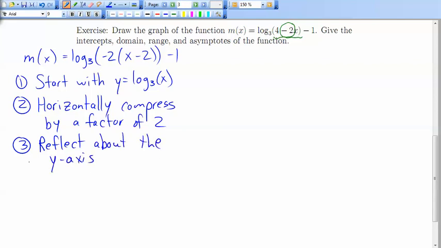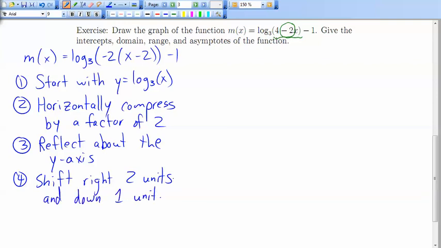And lastly, we've got some shifts. We've got a shift that's -2 inside the heart of the function, so that's right 2 units. And that -1 outside the heart of the function, that's down 1 unit. All right, let's follow that recipe there.